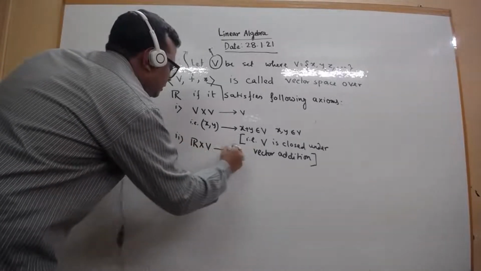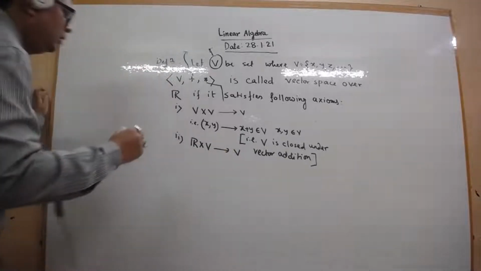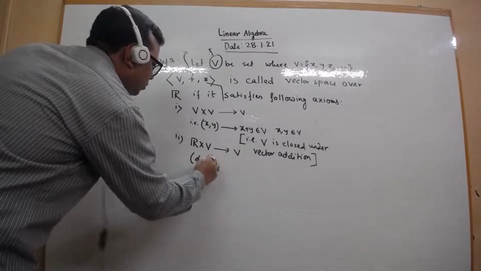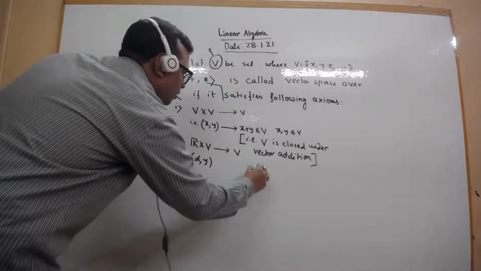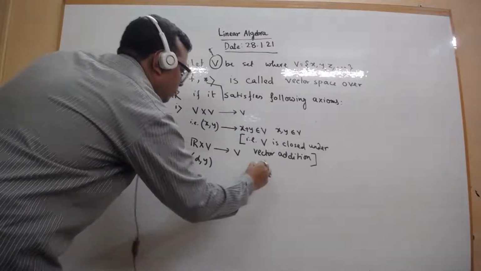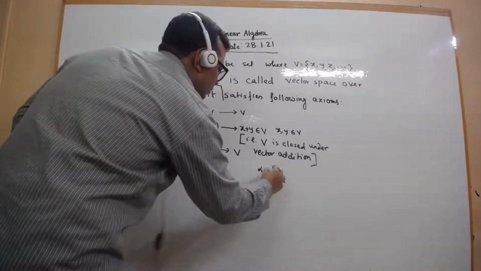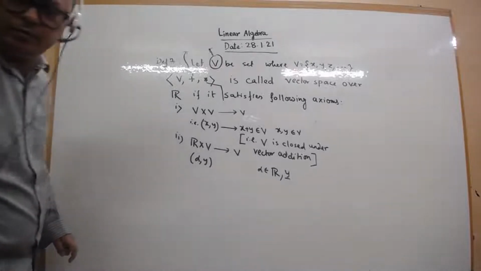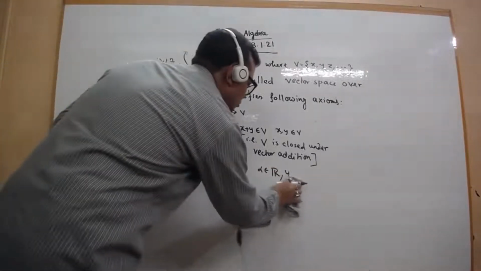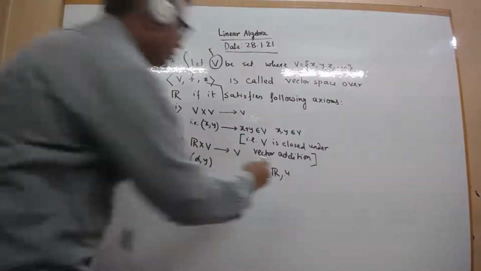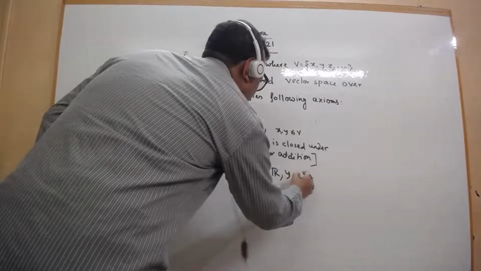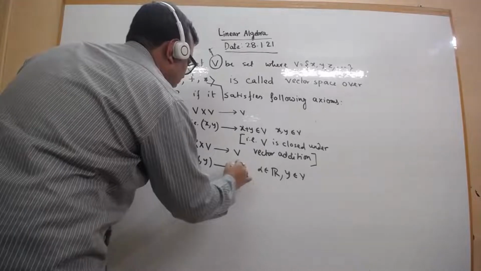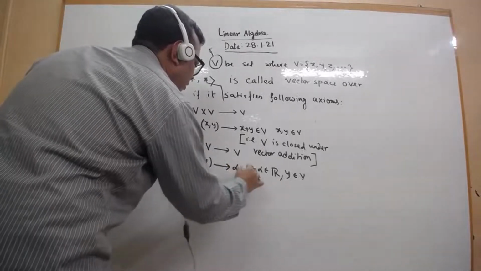I define a function, scalar multiplication, as follows. Take two elements where alpha belongs to R and y belongs to V, then we get the element alpha y.